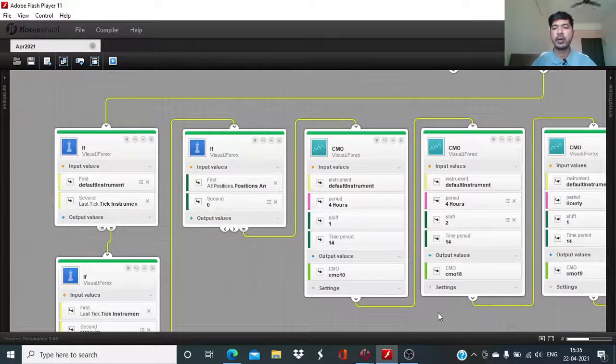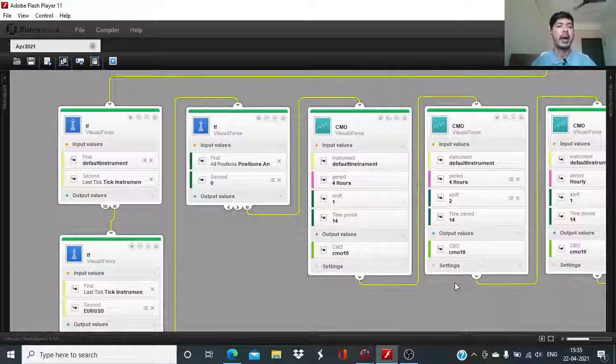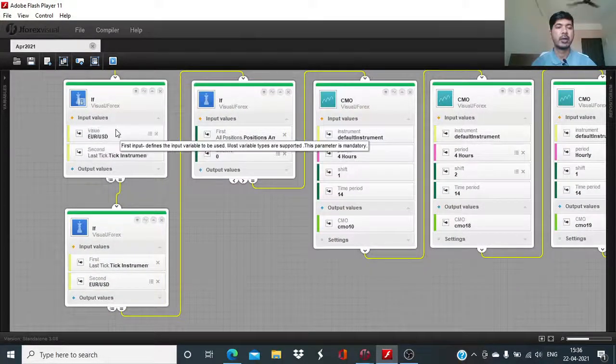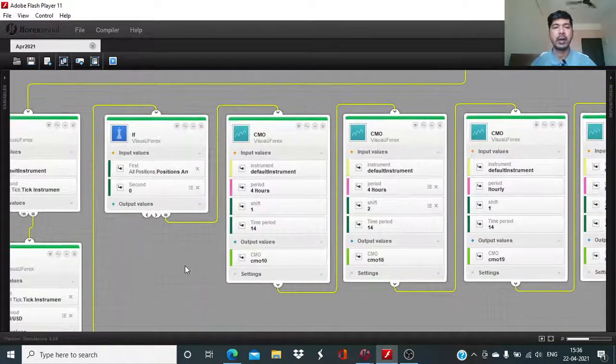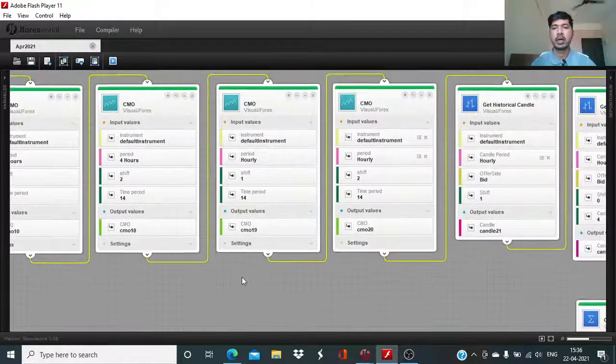On the Visual JForex board, which has been developed by Dukascopy Bank SA, I had done this instrument subscription where the default instrument is EUR/USD and the position amount was defined at 0. Then these 4 hourly CMO blocks were taken into consideration along with the hourly time frame blocks as well.